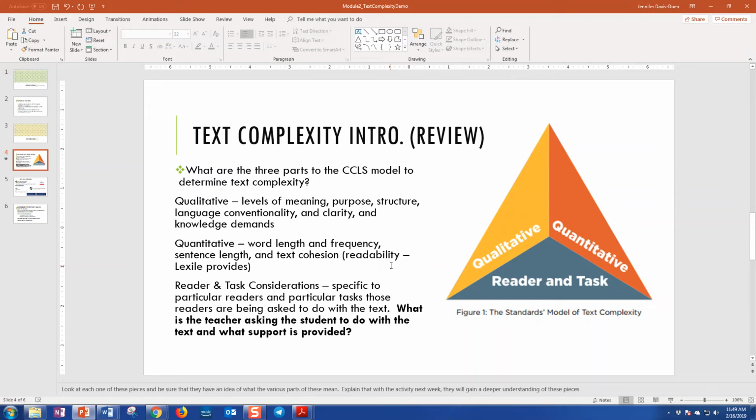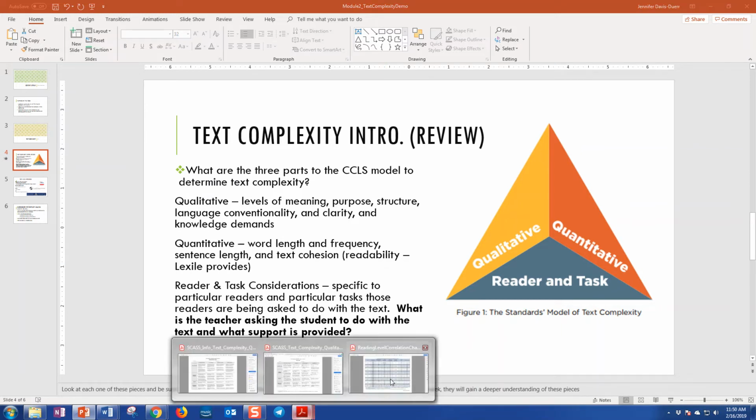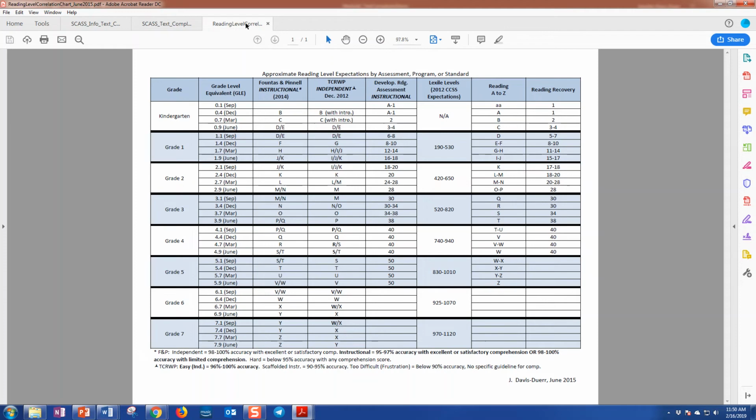And so the formulas that are used to determine the readability of a text, which most often was expressed as grade level equivalent, which you can see on our reading level correlation chart. So for example, if the grade level equivalent, the GLE, is listed as 3.7, it means third grade, 7th month. That's the readability, the difficulty level of that text.